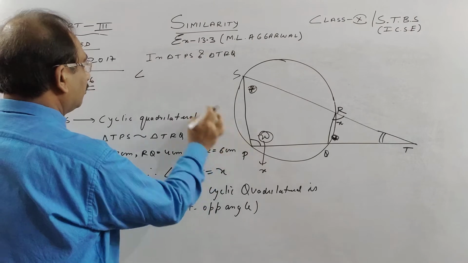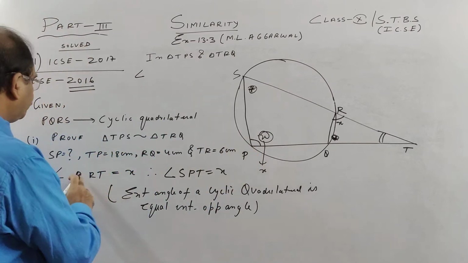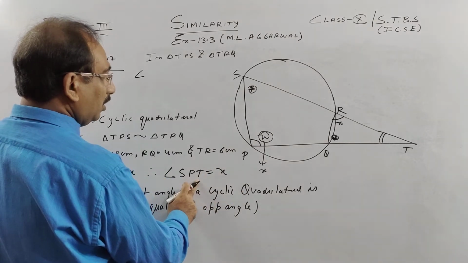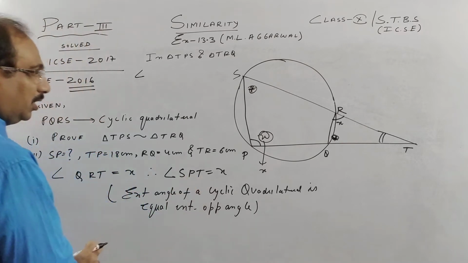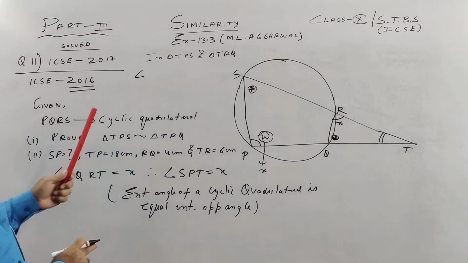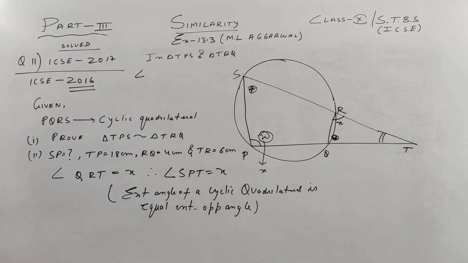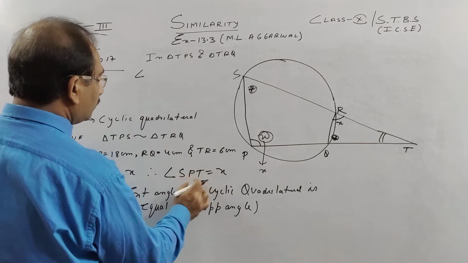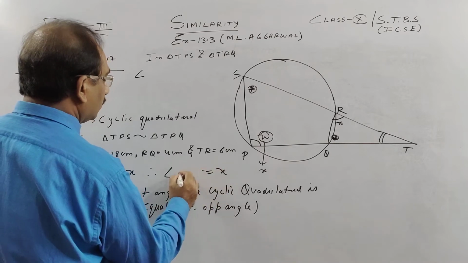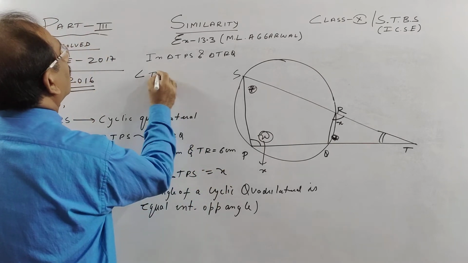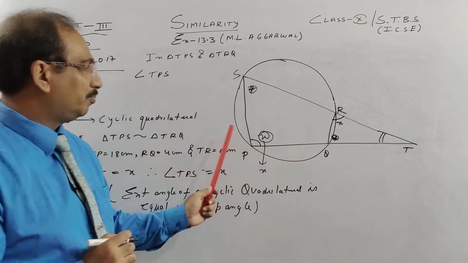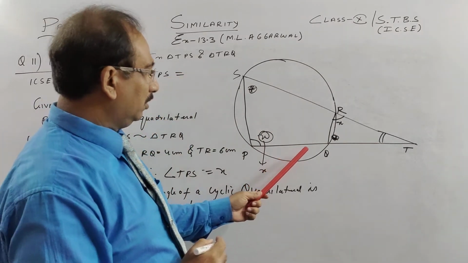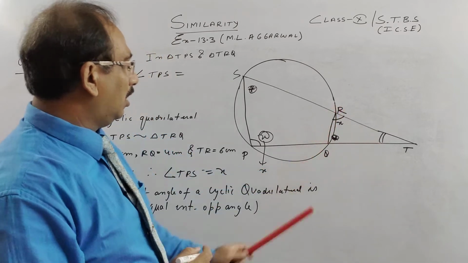See the bigger triangle first: angle SPT, I could have said this as TPS also, because order is important, children. Angle SPT is equal to angle TRQ.